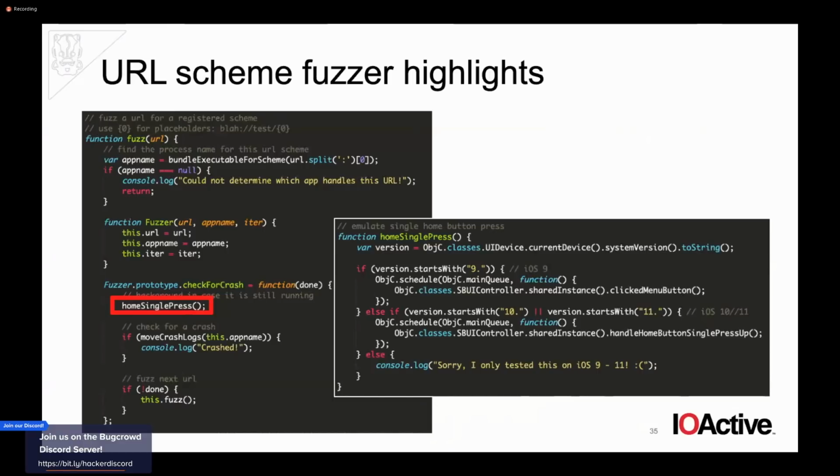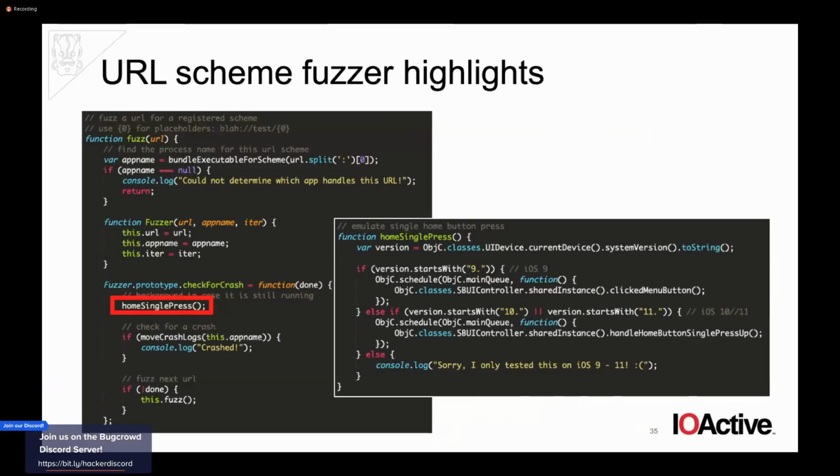One thing I do want to point out here as well is I'm using something called objc.schedule. And what that's doing, you can see I'm wrapping my one line of code in a function that I'm passing to objc.schedule. That's because I want to ensure that it runs on the main queue. So using this, if you're familiar with iOS coding, we can specify what Grand Central Dispatch queue it uses.